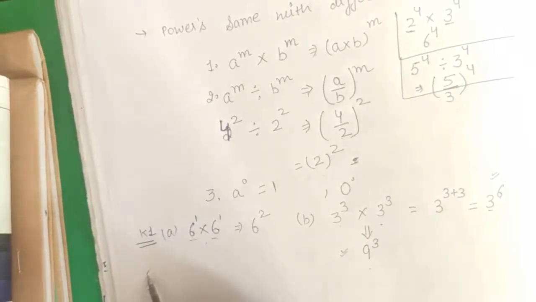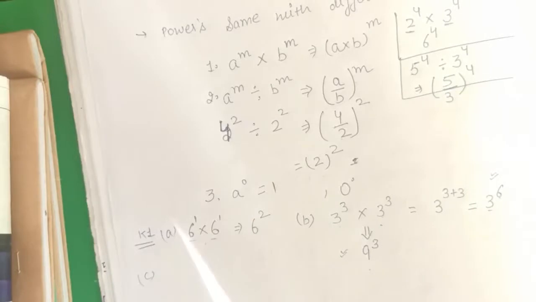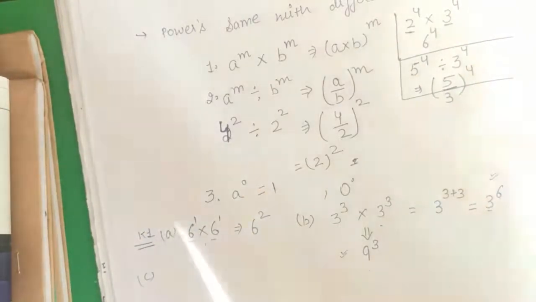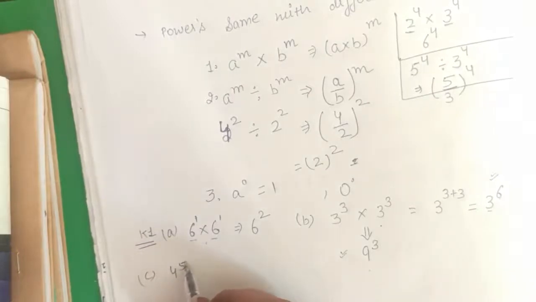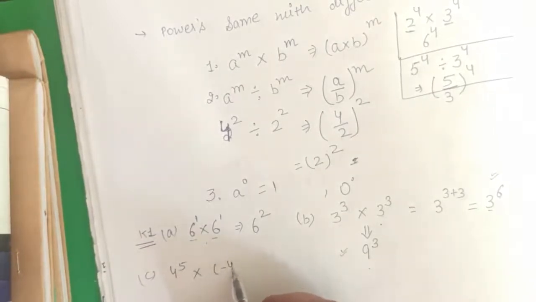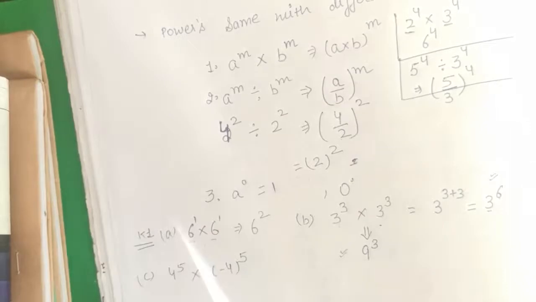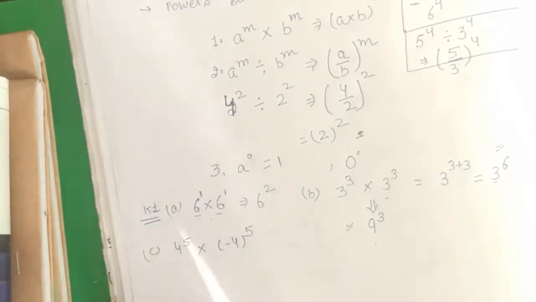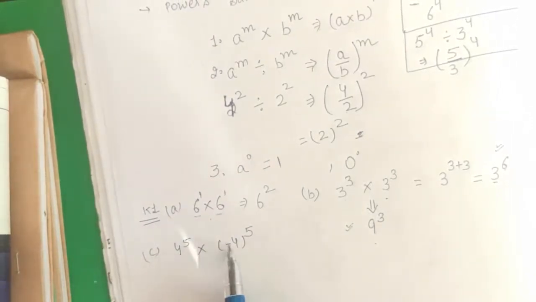After this, come to the C part, that is 4 the power 5 multiply with minus 4 the power 5. So here see, numbers are different. This is positive 4 and this is negative 4.